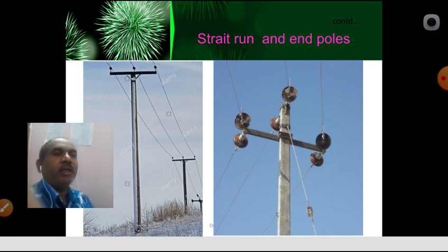And at the same time, you can see one stay also provided here. Generally we use the stays at the corners, at the end and starting. And at the same time, every fifth pole you have to use as per IE rules. And this is one thing we already know.